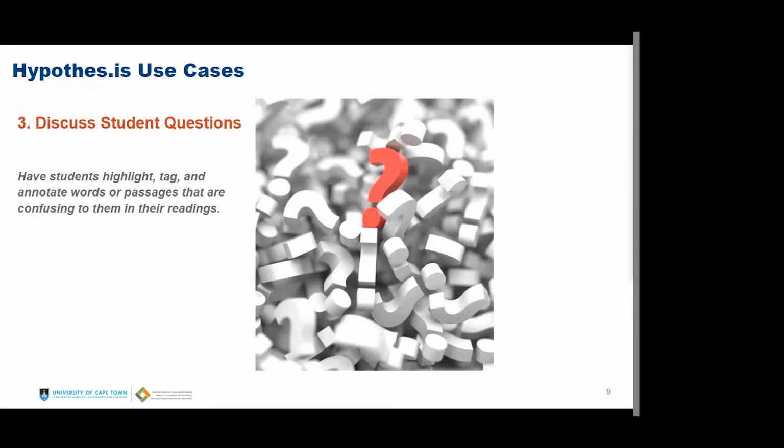So that I found quite useful. Another thing where it does get used in my courses is just students making comments on academic articles, providing their opinions, and then other students responding to those opinions. Yeah, that's pretty much how I've used it.